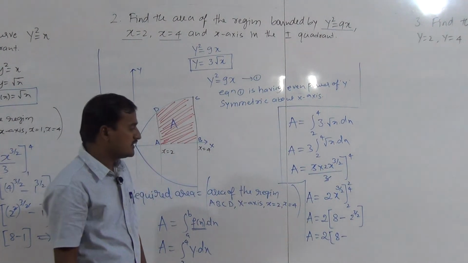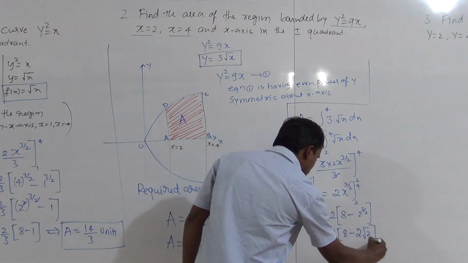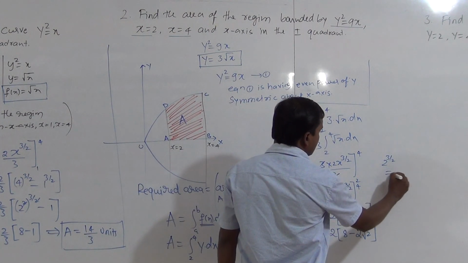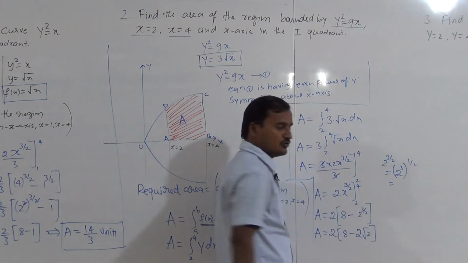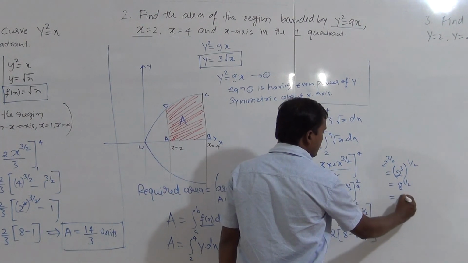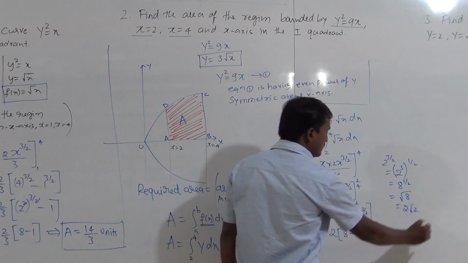2 to the power 3 by 2 means 2 root 2, because 2 to the power 3 by 2 we will write as 2 cube to the power 1 by 2. 2 cube means 8, 8 to the power 1 by 2 means root 8, which we will write as 2 root 2.